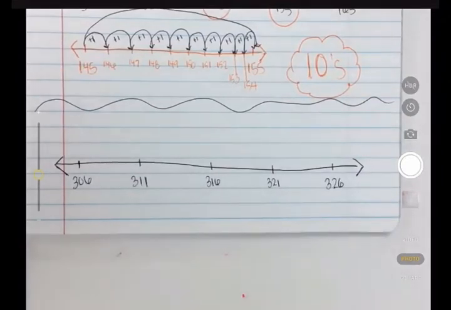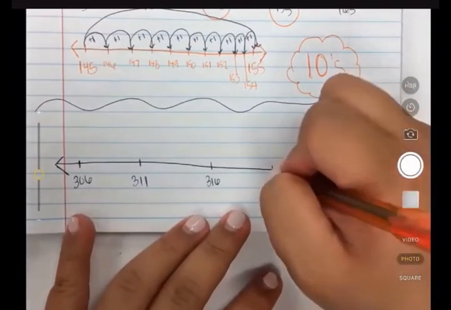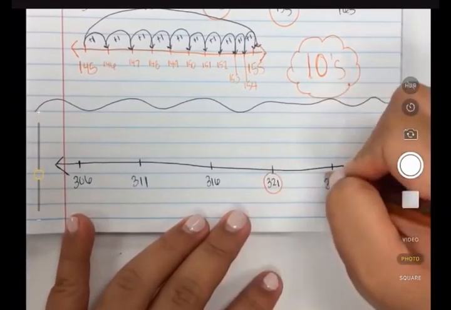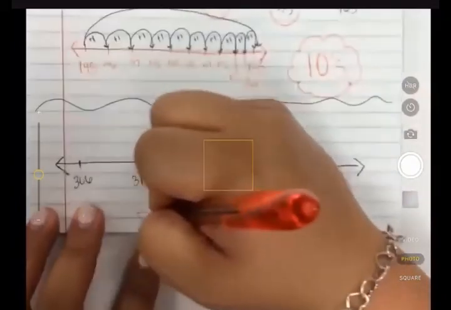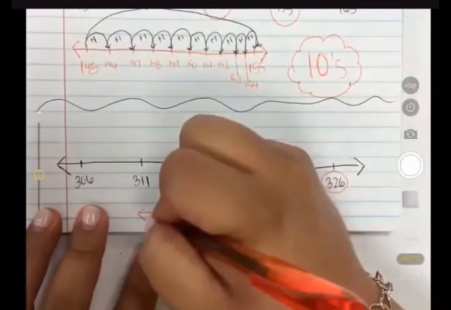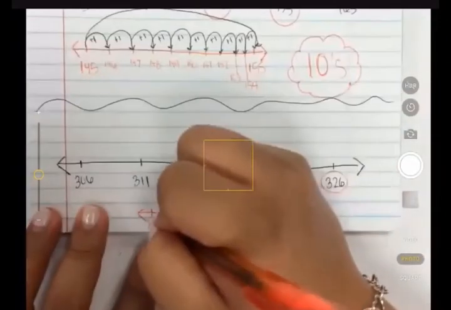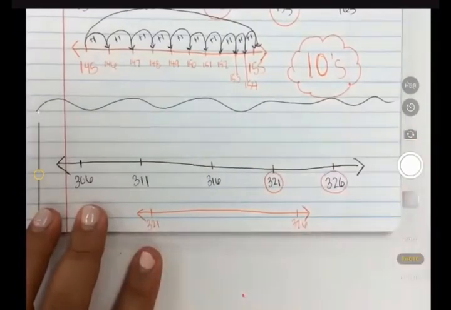So remember to find a pattern, we zoom in, and then we're gonna make another number line. So I'm gonna zoom into 321 and 326. So I'm gonna draw my other number line right under it. I'm gonna start it at 321 and I'm gonna end it at 326.